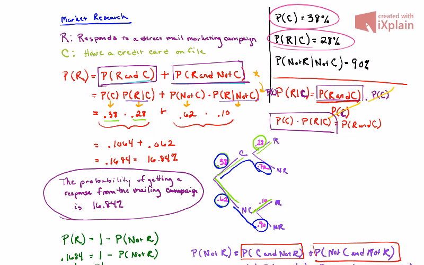So I use the definition for conditional probability to rewrite, for example, the probability of R and C to be the probability of C times the probability of R given C. I deliberately chose to construct my definition in this way because I have those probabilities already provided for me. So definitely construe that definition so that it works for you and you don't have to do any extra calculations or legwork.